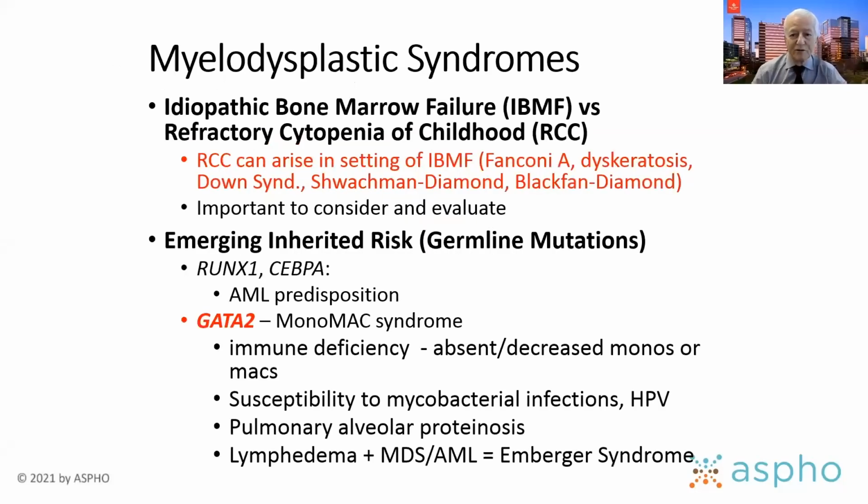Specifically, the idiopathic bone marrow failure syndromes, Fanconi, dyskeratosis congenita, Down syndrome, Shwachman-Diamond, Diamond-Blackfan, are patients that you'll be following with their expected cytopenias, but then they become more cytopenic, and that's when you have to consider that they're developing a myelodysplastic syndrome within their inherited deficiency. There are also some germline mutations, RUNX1, CEBPA, and GATA2 mutations, which lead to these myelodysplastic syndromes and also to finally leukemia in some of the patients.